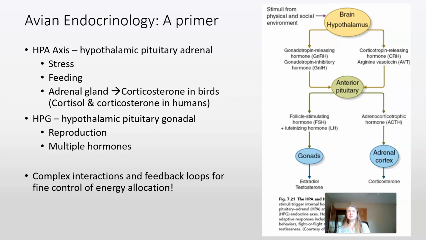Now in mammals, we have corticosterone and cortisol. And cortisol is usually the stress hormone, and corticosterone is usually the feeding hormone. So what makes you get up in the morning? Our cortisol levels increase in the morning. It helps us get up, get moving, and then it tends to level off during the day.